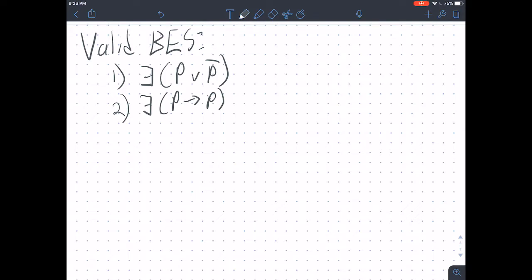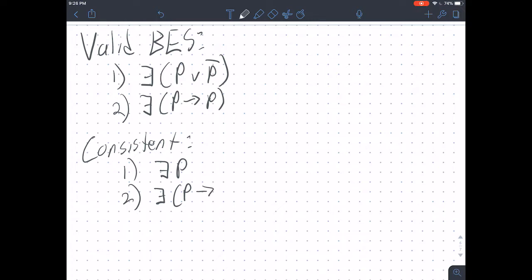So some consistent Boolean existence schemata are things like this, because again, P is consistent. Something like this.